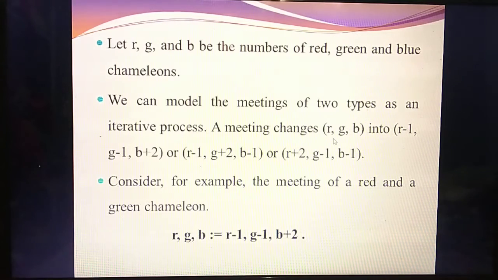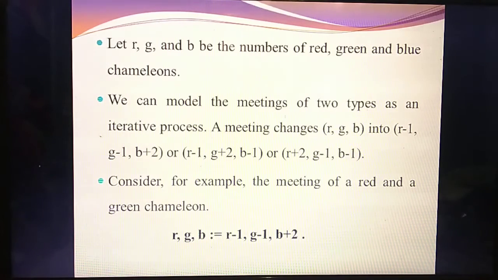Listen carefully. How many colors are there? Three colors, R, G and B. So R minus 1. What's the meaning? Among red color, one chameleon and among green color, one chameleon are arranging a meeting between them. Totally 13 red color means one from red color is going, so 12 remaining.